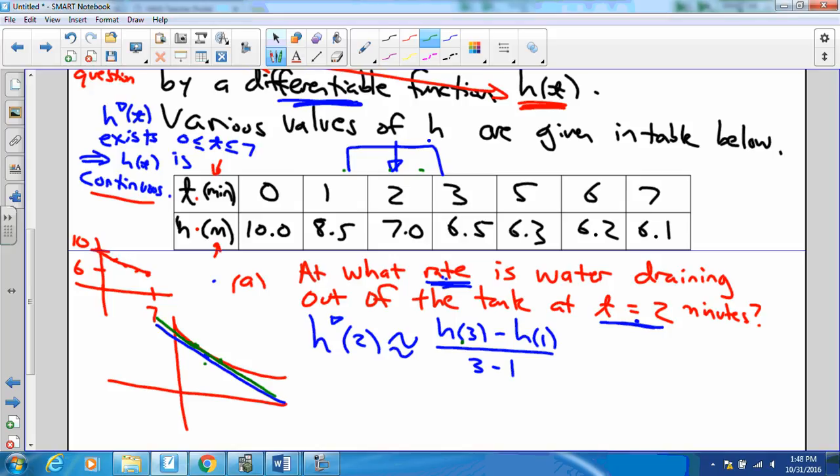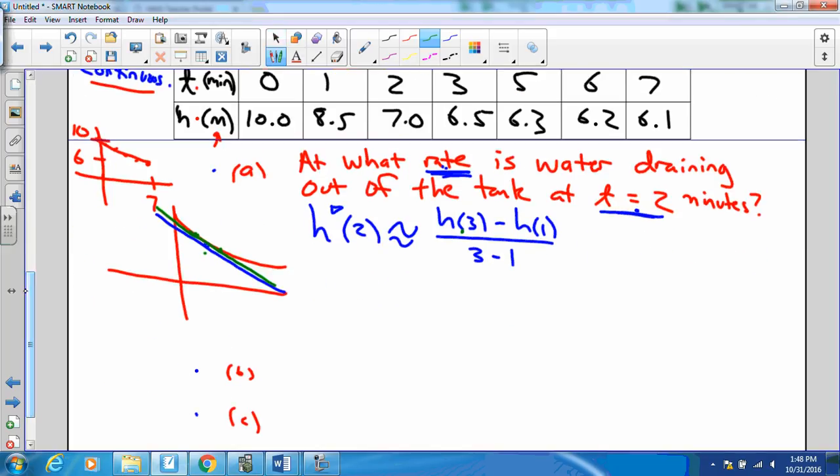Yes? Can we calculate the rate of change between 1 and 2 and between 2 and 3 so that you can approach from both sides? Yes, you could. Here's the fun part. Suppose I got the difference quotient between 1 and 2. I'm going to take a quick detour on your question, and then I'm going to come back to this problem.